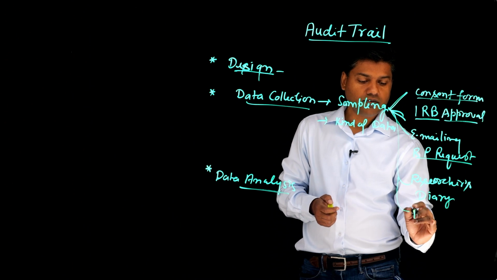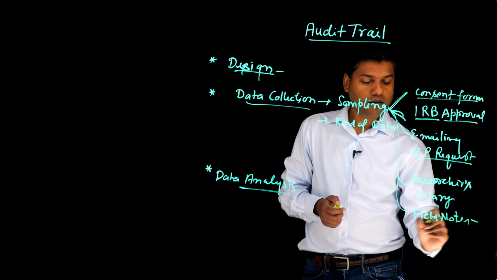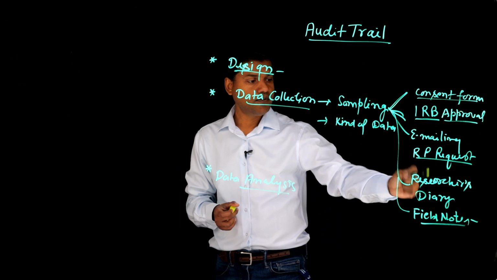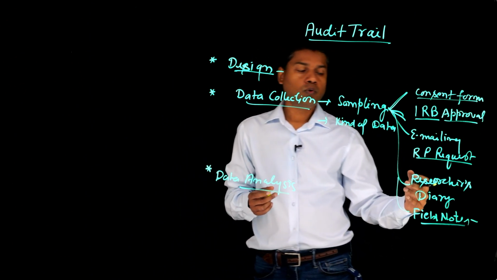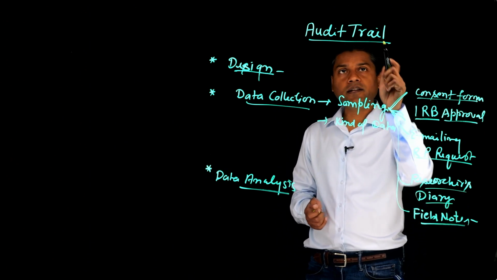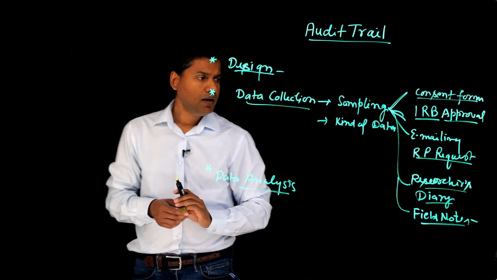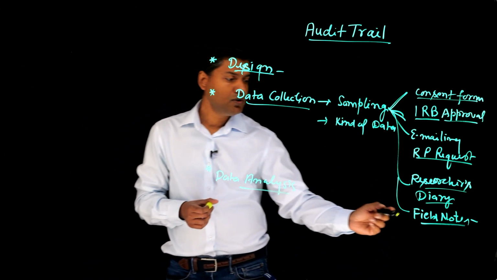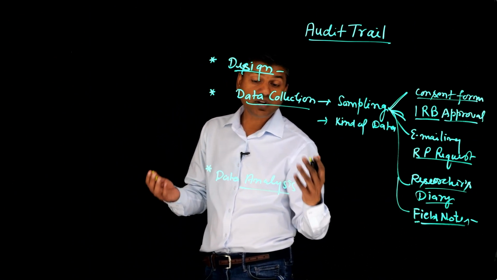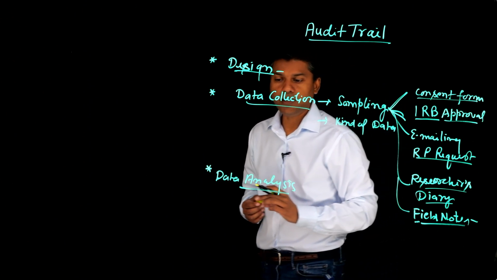And you may also have field notes. Your field notes are also part of the audit trail. Your reflection about your overall experience of this process, your researcher's diary, is also part of your audit trail. In field notes, if you remember, we record our observations, and that's also a kind of data. So that is an important part of audit trail.